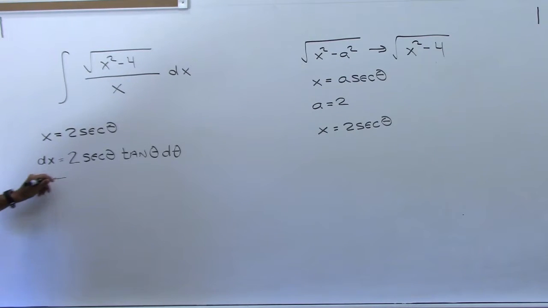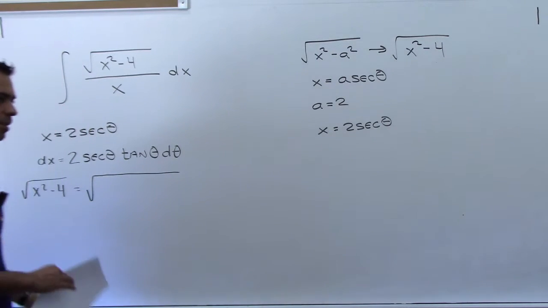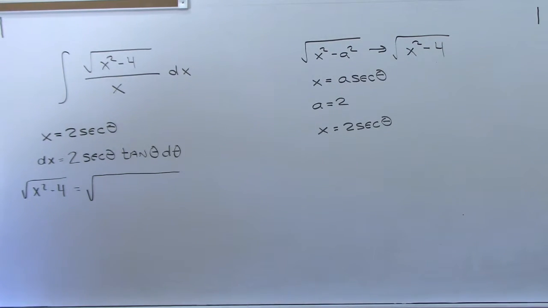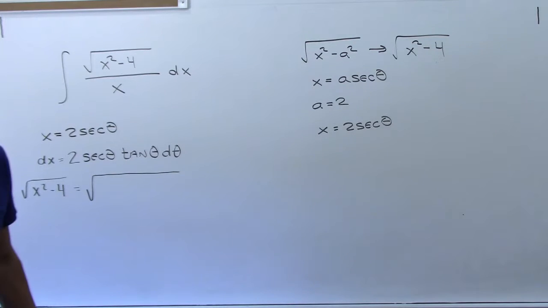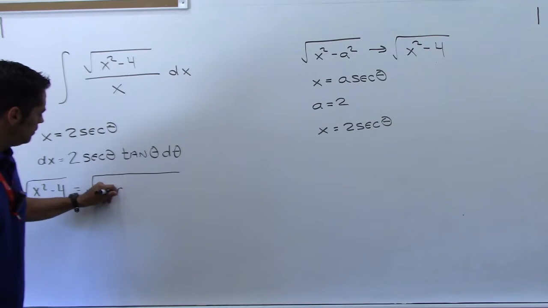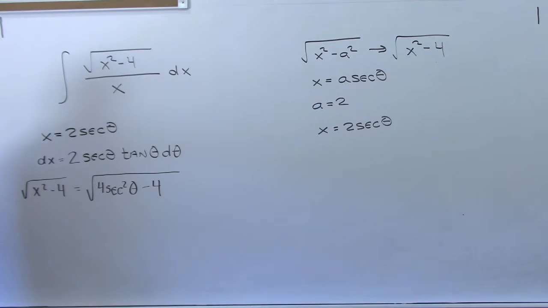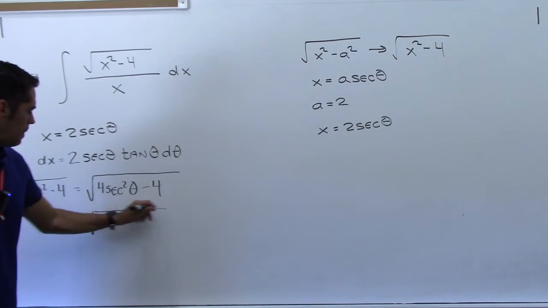Square root of x squared minus 4 will be square root of, let's see, you want to do this one, Kiki? 4 secant squared theta minus 4, and that's using this, just squaring that. And you take the 4 out and it becomes secant squared minus 1, which equals tangent squared.